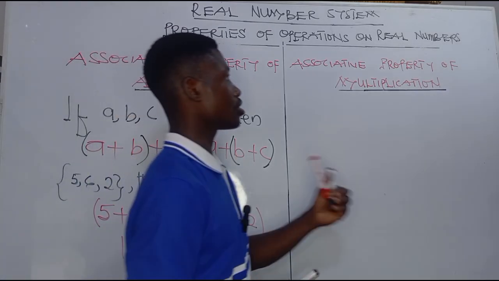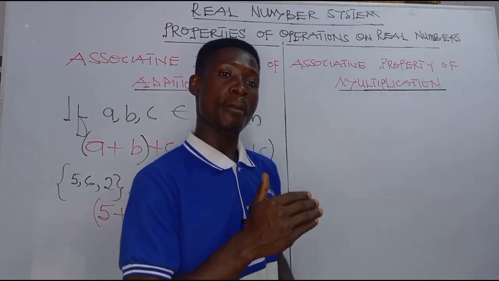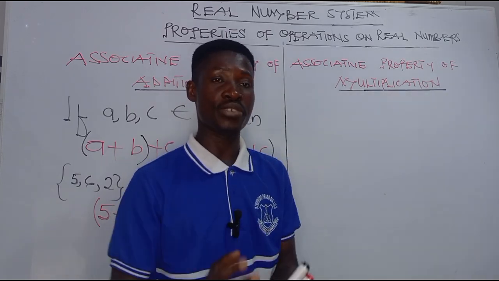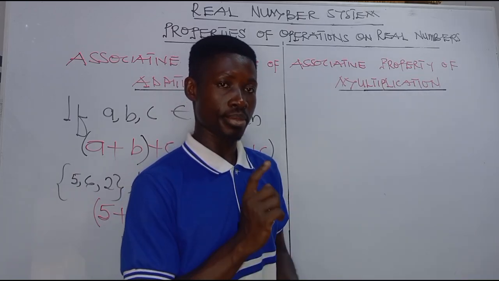Now let's look at the associative property of multiplication. It says that no matter how we group numbers differently when multiplying them, the outcomes are still going to be the same.